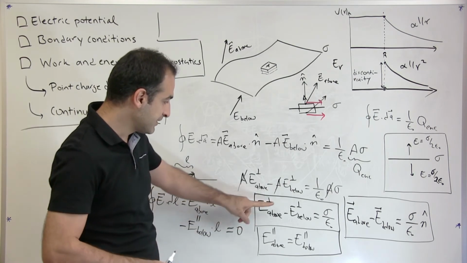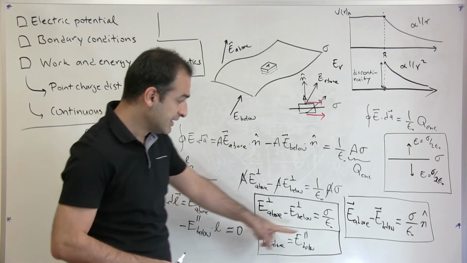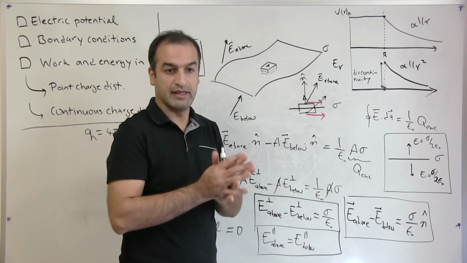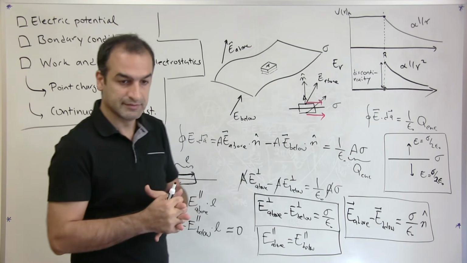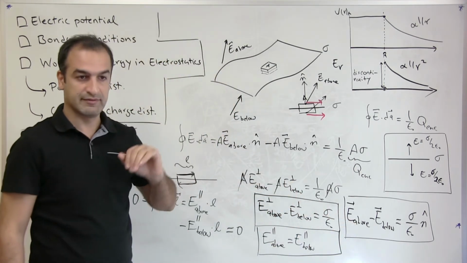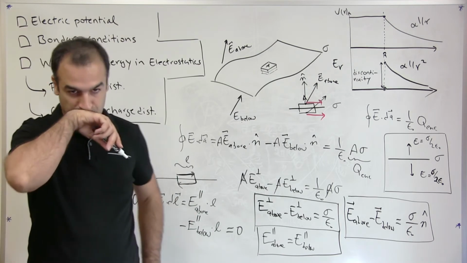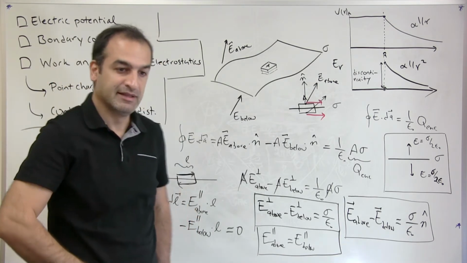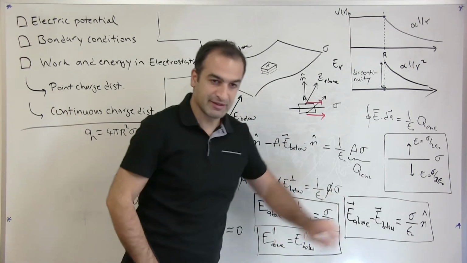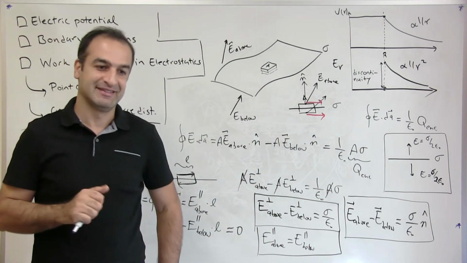This is perpendicular, this is parallel. This is the vector notation, which is a combination of parallel and perpendicular. Oh, okay, so that's just the E vector right above the surface. Yeah. I was a little confused by the notation. As I said, this is a way to combine these two and write it in a vector notation. Got it.